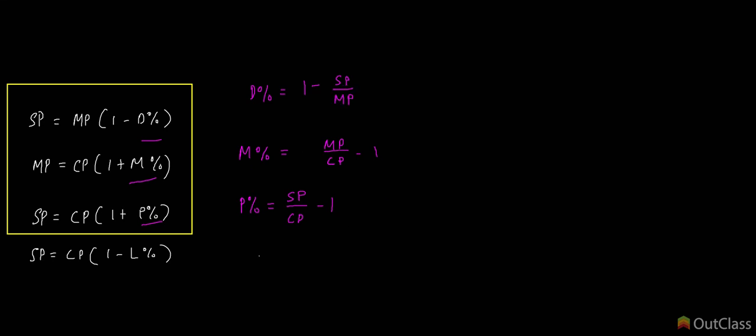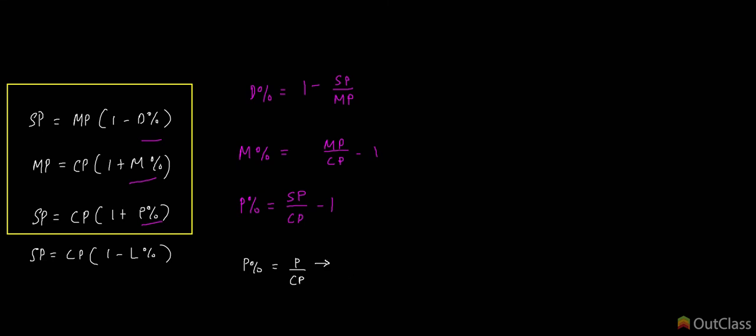Now, comparing this with the formula that you know, P% is equal to P by CP into 100%. I should have mentioned this earlier. Why am I not writing 100%? Because it doesn't really do anything. Its value is 1. So I follow this convention of simply writing P by CP.